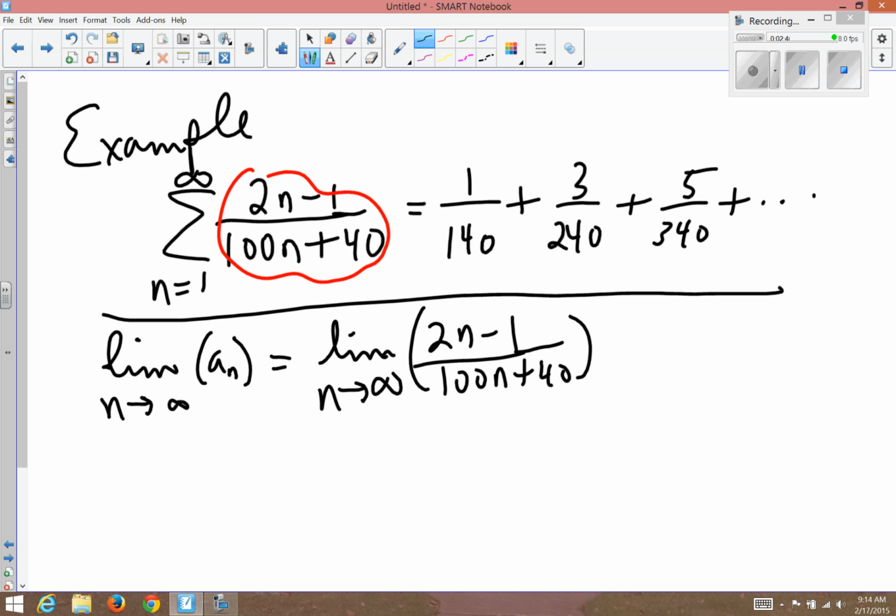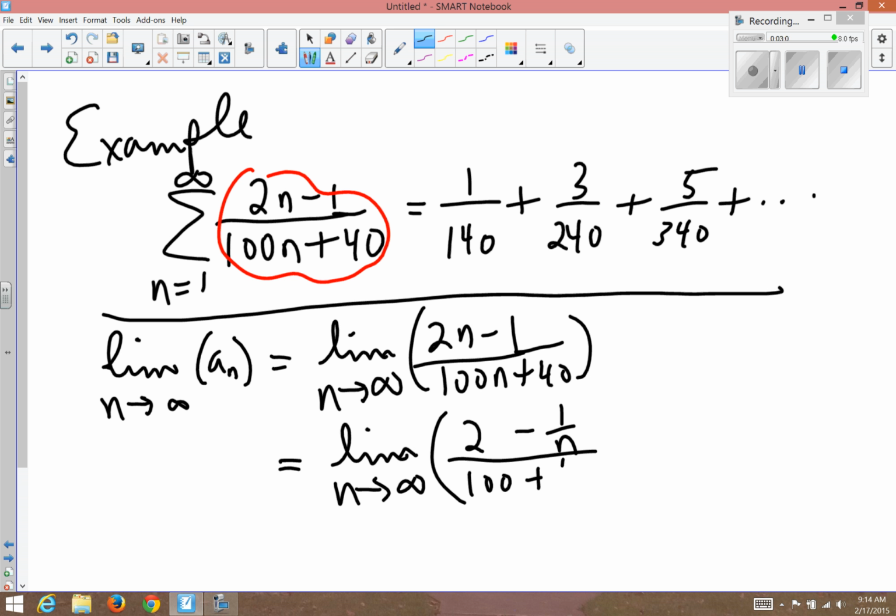So in this example, the limit of the nth term as n approaches infinity is the same as the limit of 2 minus 1 over n over 100 plus 40 over n. The limit of this as n approaches infinity is 2/100ths, which is not 0.